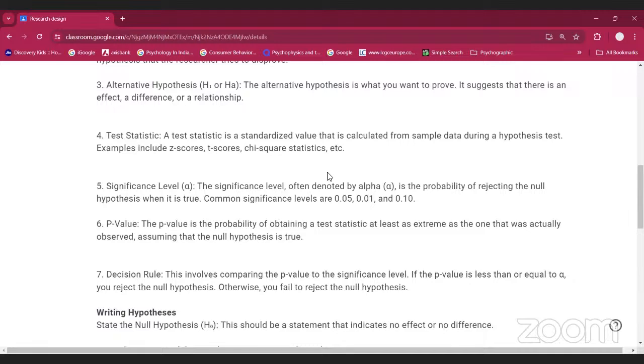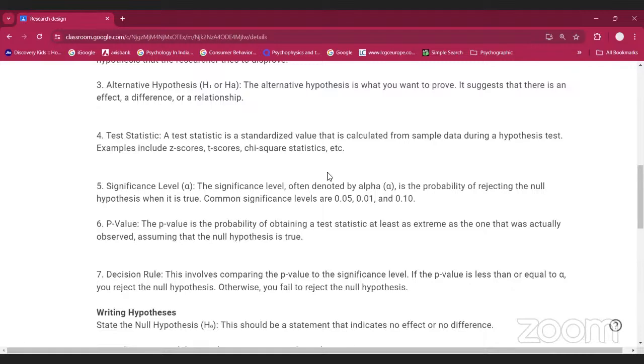Decision rule. This involves comparing the p-value to the significance level. If the p-value is less than or equal to alpha, you reject the null hypothesis. Otherwise, you fail to reject the null hypothesis.